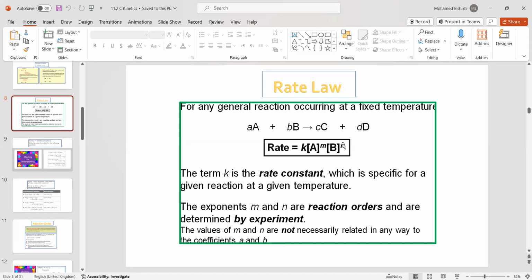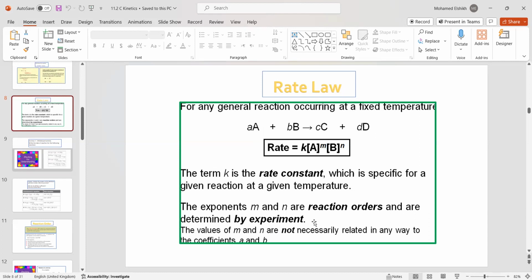So the m and n here are different to a and b if we're talking about the concentration of reactants, and they are also different to the c and d. So what are these things here called, m and n? m and n are basically exponents, and these are called reaction order.